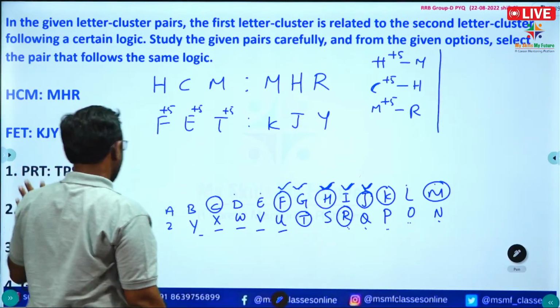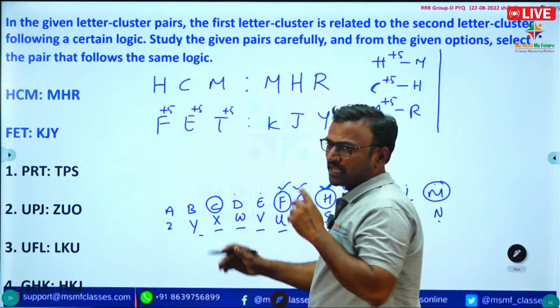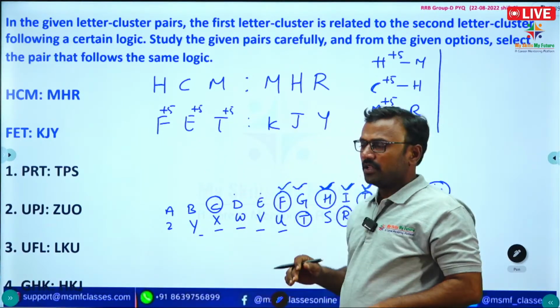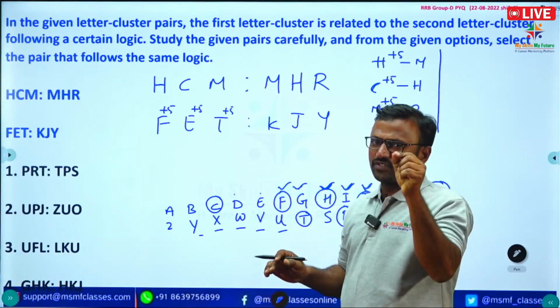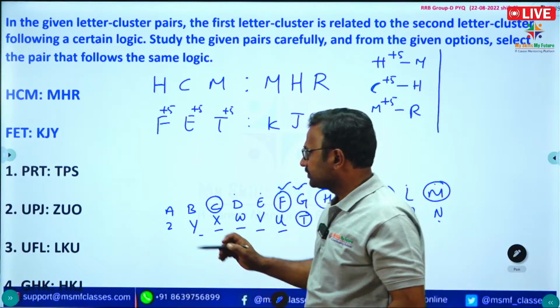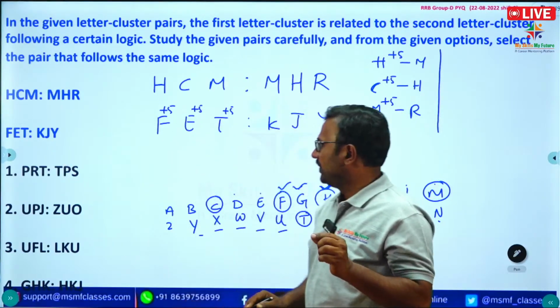So which option follows the same logic? First we'll check just one letter in each option. P plus 5, let's see what we get.